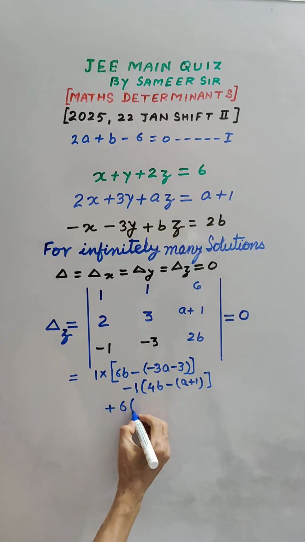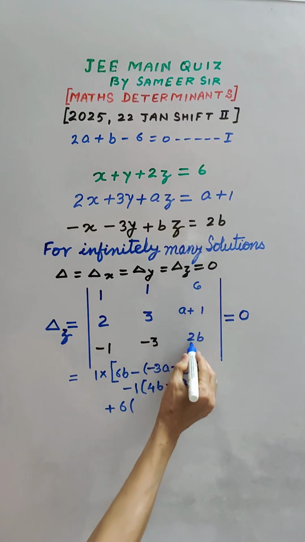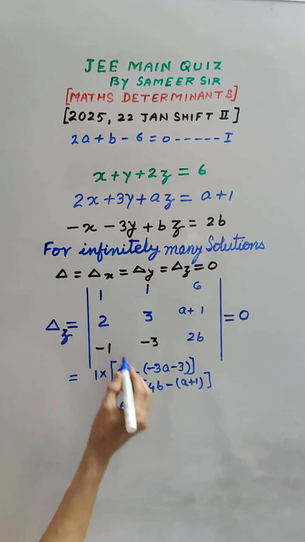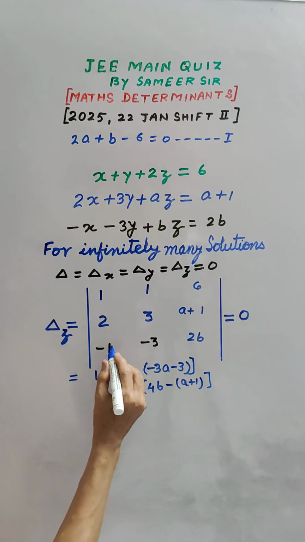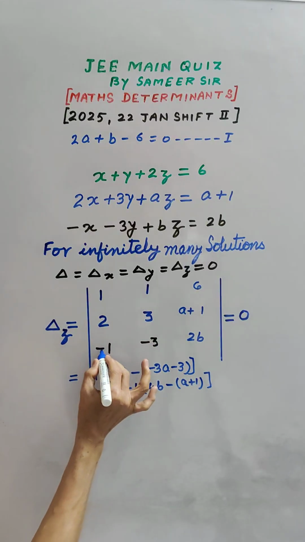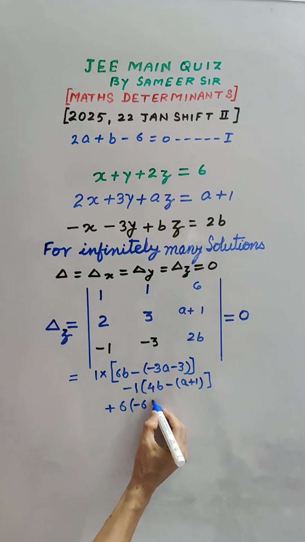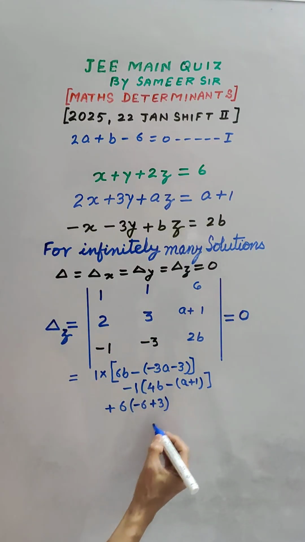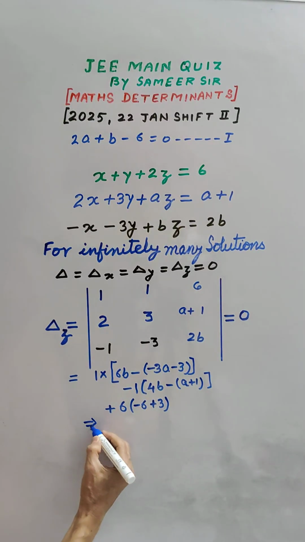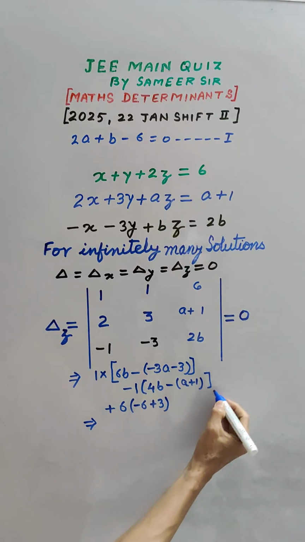Now coming on 6, so this way plus 6 into, leaving this and this, 2 3s are 6, 3 2s are 6, minus 6, and minus into minus, plus 3 ones are 3, plus 3. So this way we shall get here, on solving this, all is equal to 0.